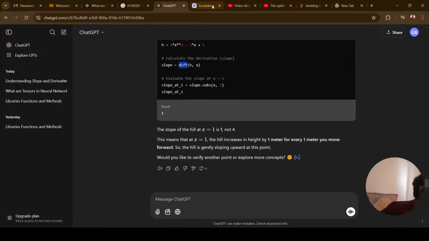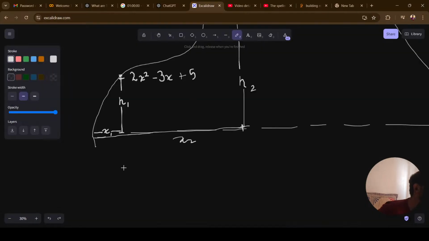No, we are missing something here. It took the derivative of this at x equals 1, at x equals 1.